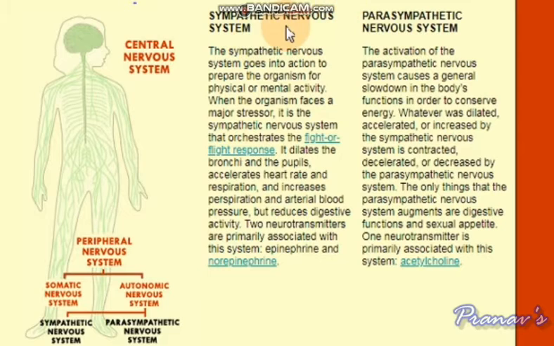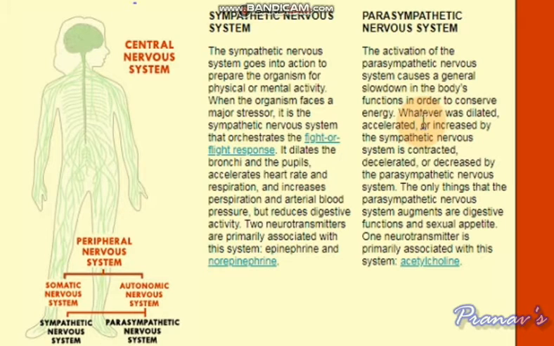We will briefly discuss the two autonomic nervous systems. There is the sympathetic nervous system and the parasympathetic nervous system. The sympathetic nervous system dilates the bronchi and the pupils, accelerates heart rate, and increases perspiration and arterial blood pressure. That is, it orchestrates the fight or flight response.